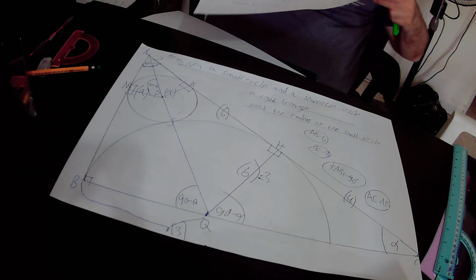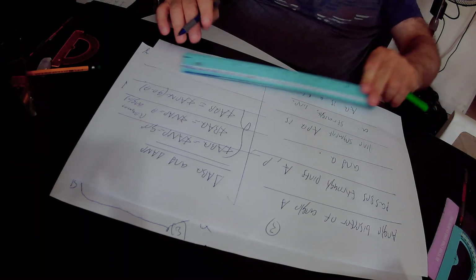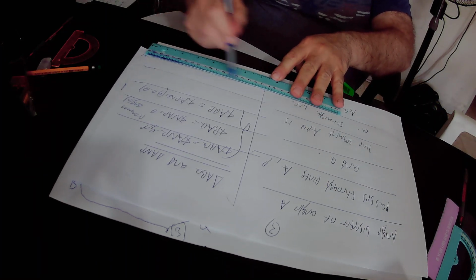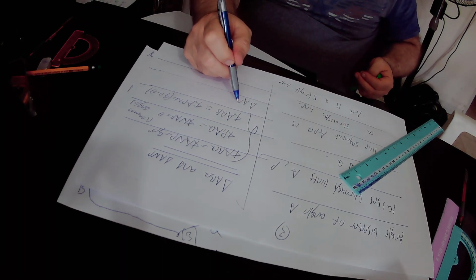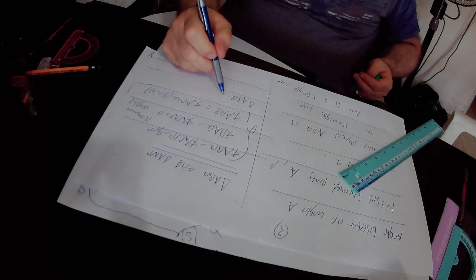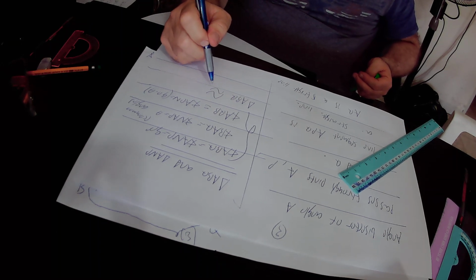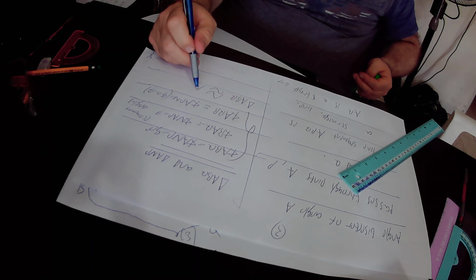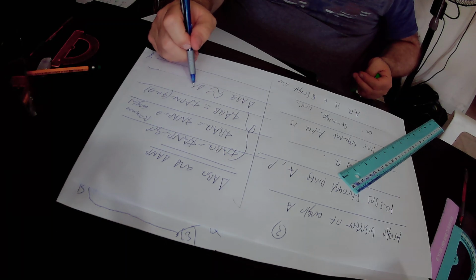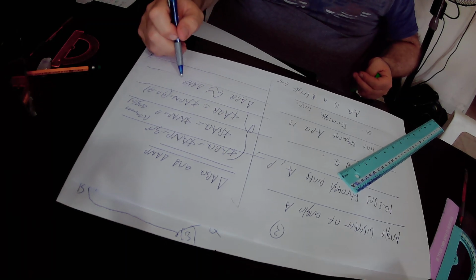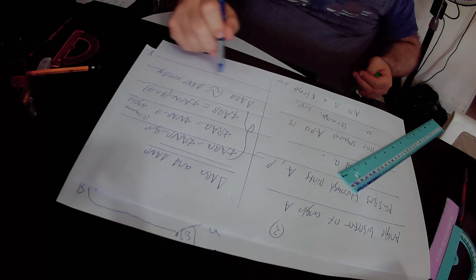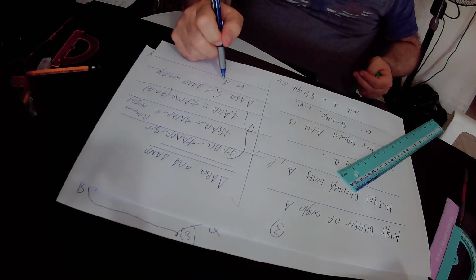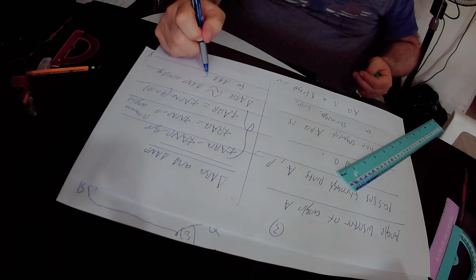So right now, we found out that the big right triangle ABQ is similar to the small right triangle ANP according to the angle similarity rule.